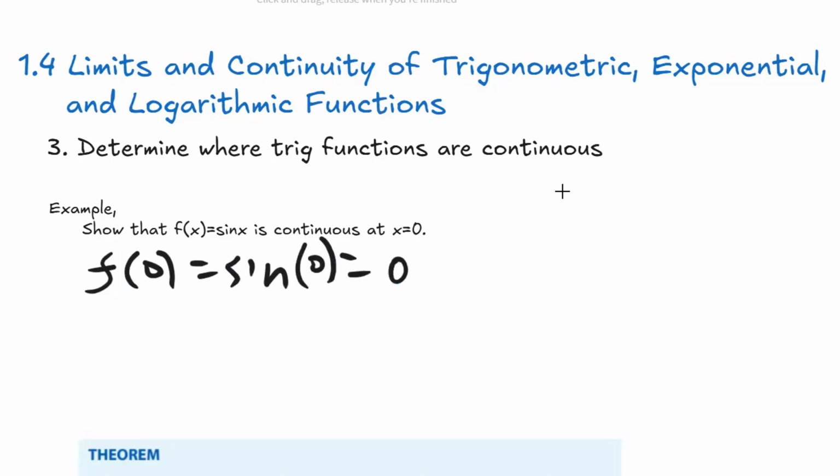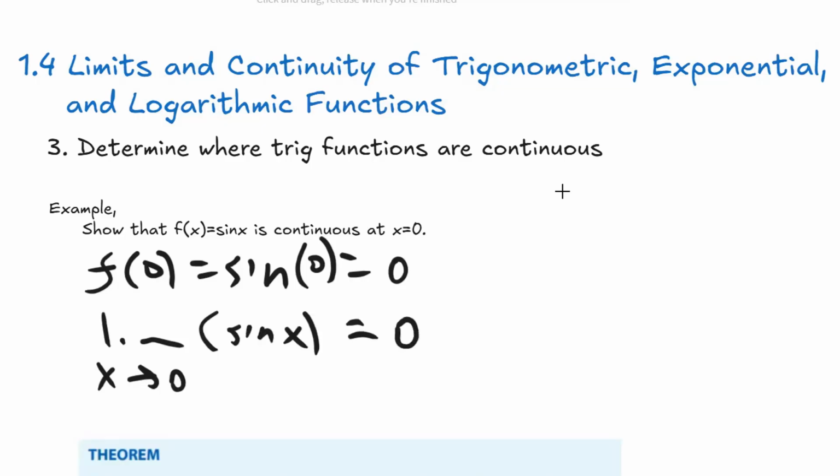And then we need to take the limit as x approaches 0. So the limit as x approaches 0 of sine x is equal to 0. Now, by the definition of continuity, since the limit and function both exist and are equal to the same value, then sine is said to be continuous at x equals 0.